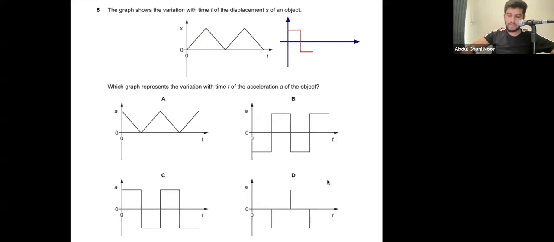Then it's again positive, followed by another negative. So something like this. This is what your velocity-time graph looks like. Now its gradient will give you the acceleration.